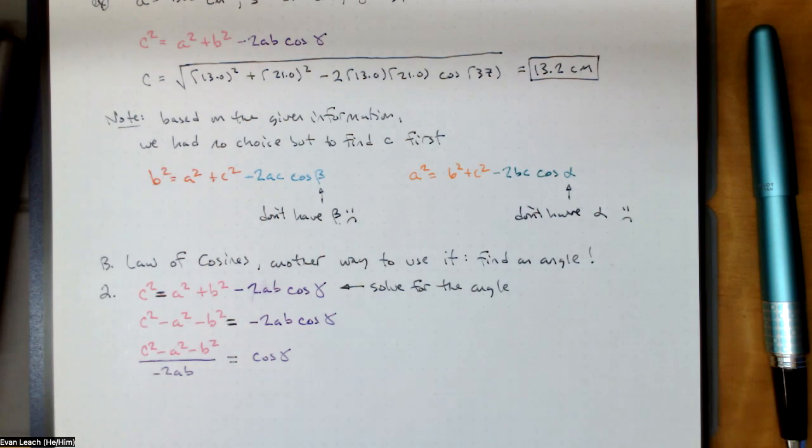Then we're going to notice that we divided by a negative 2ab. We're going to look at that negative hanging out in the denominator and we're going to go, ew, that looks terrible.